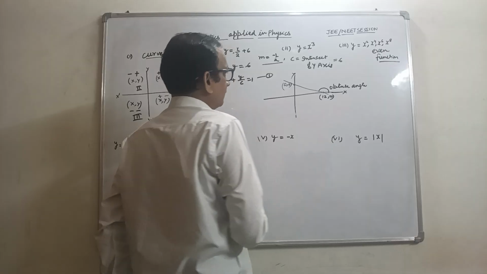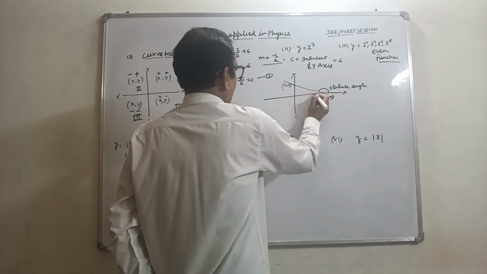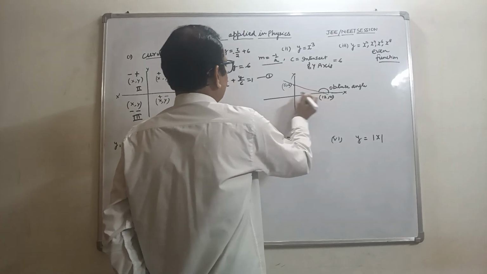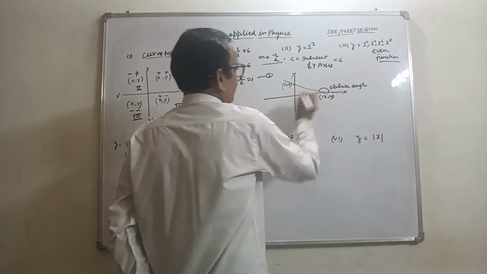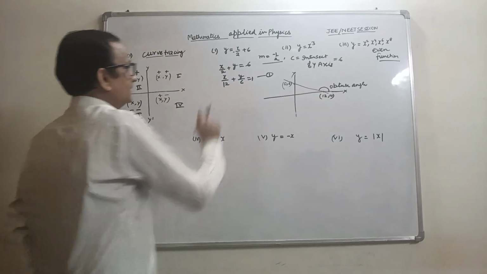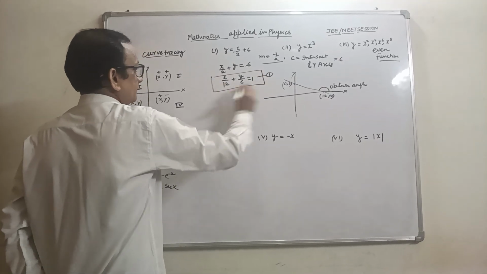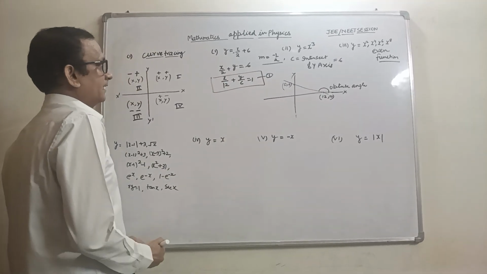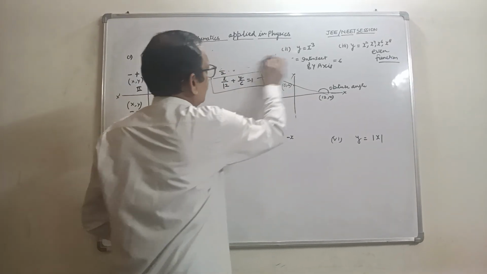We have to find the slope. The slope would be 6 by 12, which is 1 by 2, but since this is an obtuse angle, the slope would be minus 1 by 2. So this is the equation of the line. By the generalized form, we can easily draw the curve. The second is y is equal to x cube.